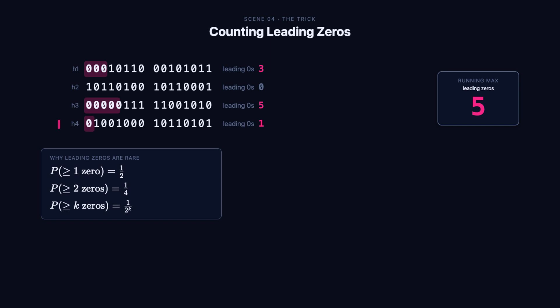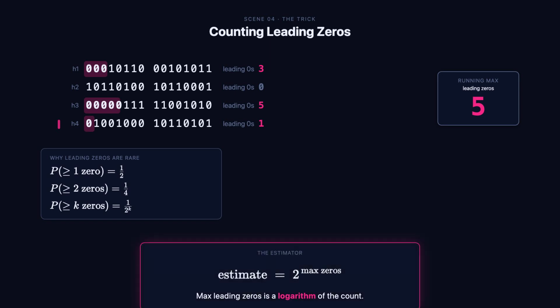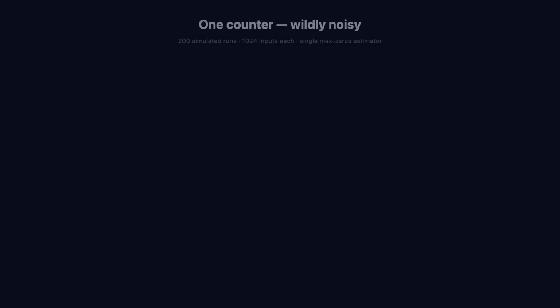The chance of seeing a run of length k somewhere in n draws is roughly n/2^k, so if the longest run you've ever seen has length k, the most likely number of items you've drawn is about 2^k. The maximum leading zero count, in other words, behaves like the logarithm of the cardinality. Take it back as a power of 2 and you have your estimate, almost free to compute, one small integer per stream.